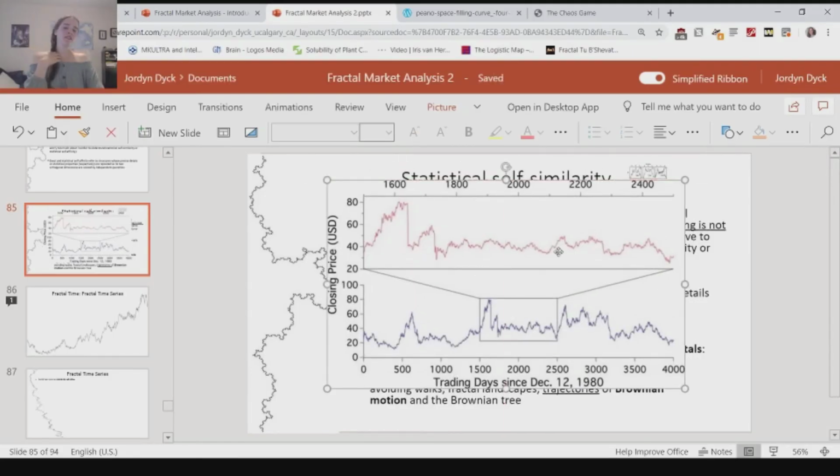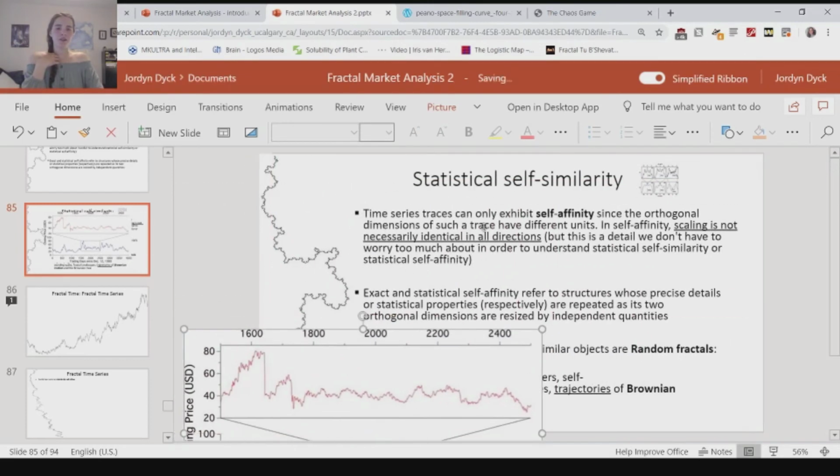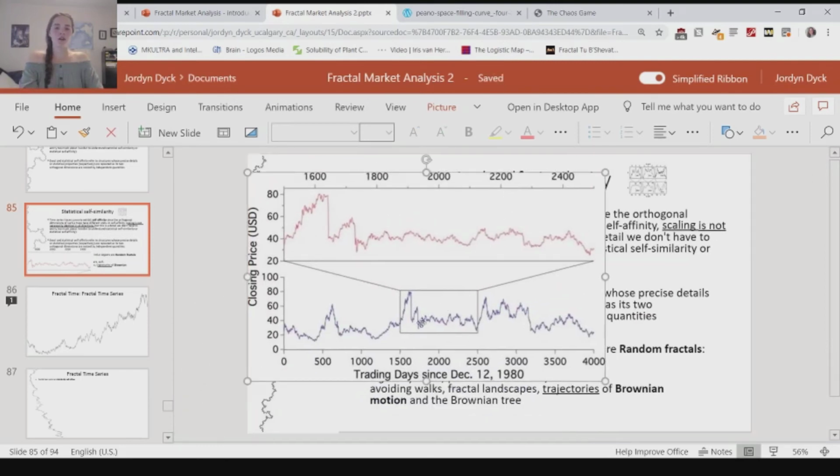And to make this idea clearer, because this part is kind of confusing, where we're saying they can only exhibit self-affinity since the orthogonal dimensions of time series traces have different units, this is kind of what we're talking about. So this would be our original time series trace. We have trading days, so 500 days, 1,000 days, 1,500 days, and so on.